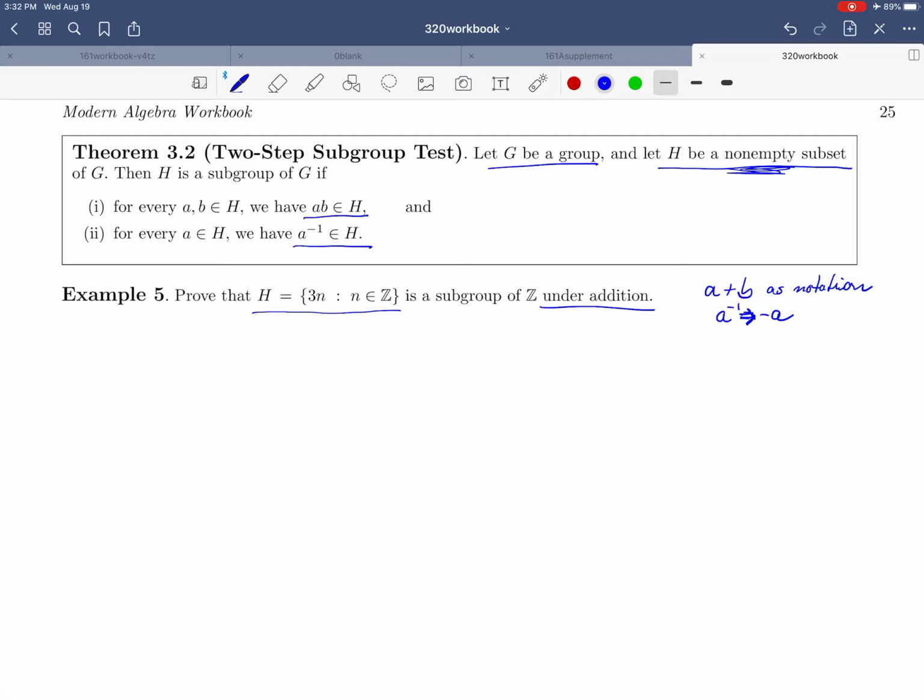All right, so let's apply Theorem 3.2, our two-step subgroup test. Three things we need to show. One, our set H is non-empty.